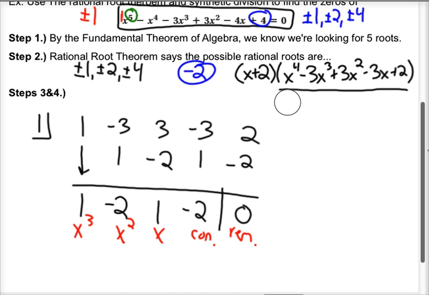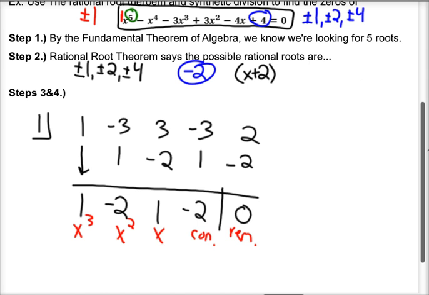Now we've broken this down further. We've broken out an x minus 1, and what we have left is x cubed minus 2x squared plus x minus 2. We can add to our list of roots: we have a 1 there.